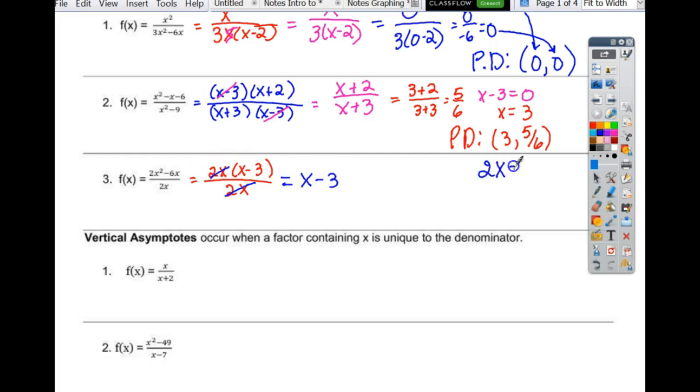I canceled the 2x, so I have to set it equal to 0. So when I divide by 2, my x is 0. So I'm going to take the 0 and plug it back into my reduced function. So my point discontinuity ends up being 0 and negative 3.